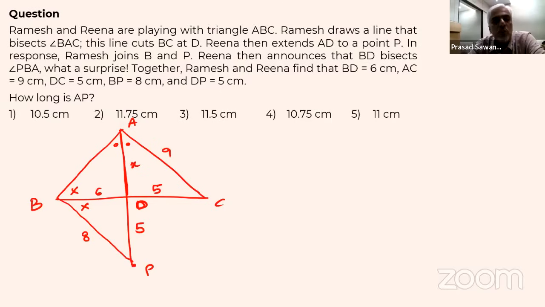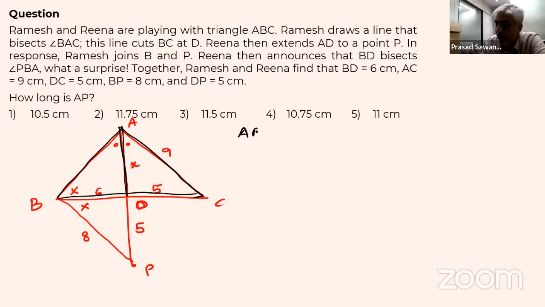Okay, two angle bisectors are given. Let's use the angle bisector property two times. First time in triangle ABC with AD as the angle bisector. I hope everybody remembers the angle bisector property.